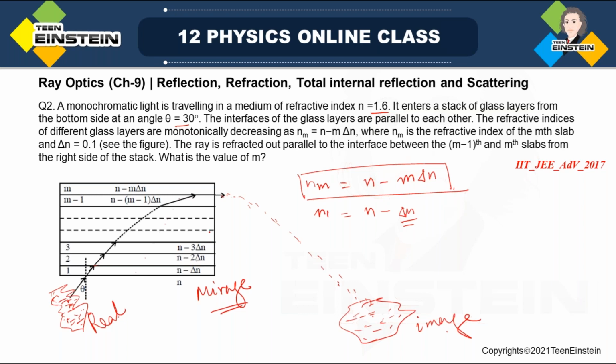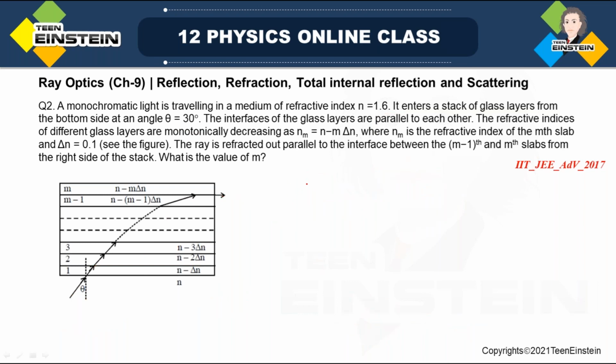All right, so the question is, here m into delta n is already given, that delta n is equal to minus 0.1. And what else is given, n is given 1.6, and the angle of incidence initially at the first interface is given as 30 degrees.